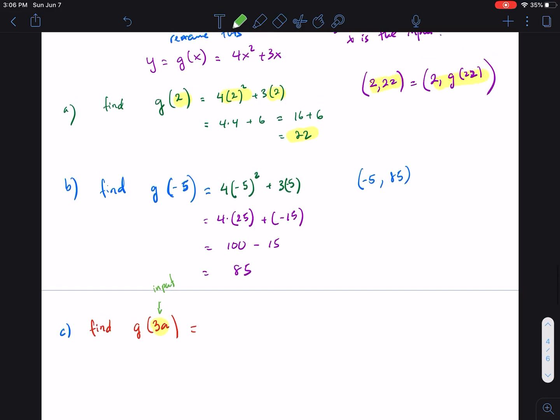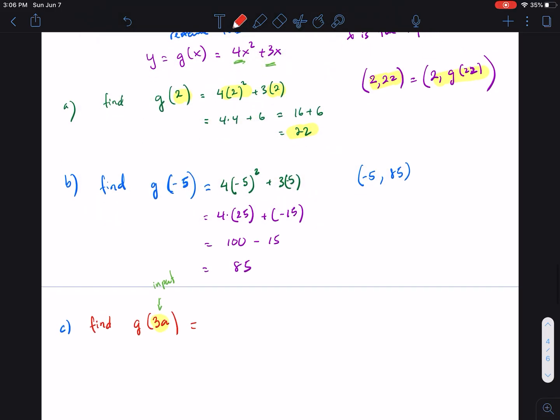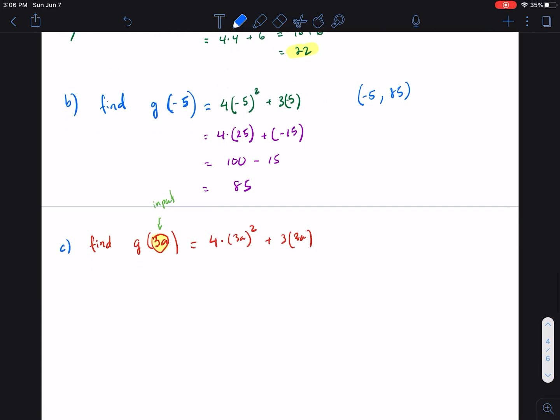So our equation is this. We have 4 times x squared, but now the x is 3a, so we have 3a squared plus 3, and there's another x over there, so that's 3a. We plug in whatever input we're asked for, crank it through the formula, and get the output.